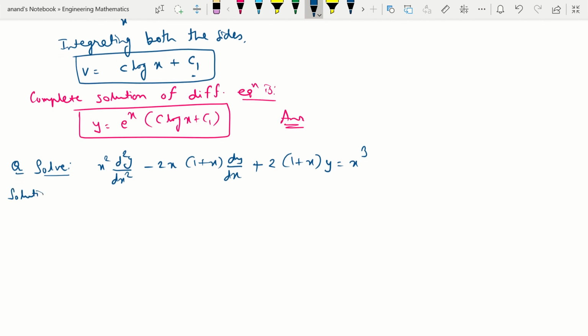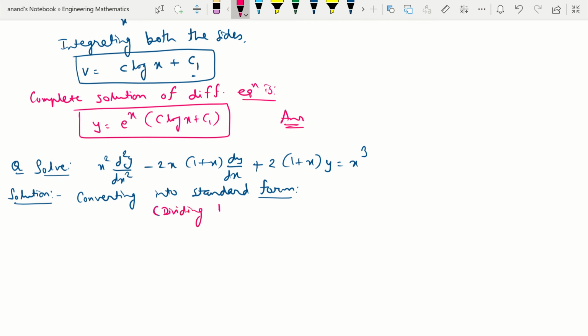So first, converting into standard form, we have to divide it by x².